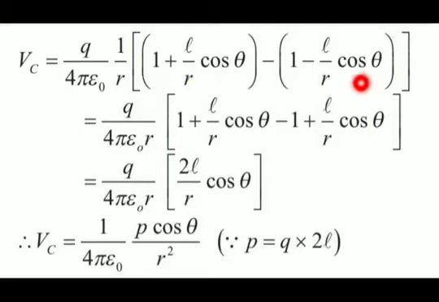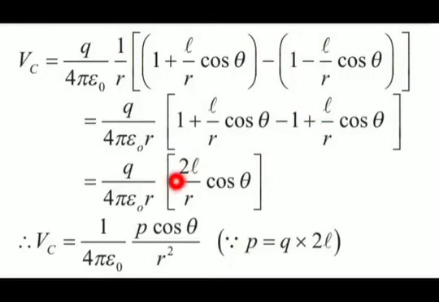Now we will have q upon 4 pi epsilon naught r times 1 plus L upon r cos theta. Now open this bracket, apply this negative sign throughout this bracket, so it will be minus of 1. Then this minus will become plus, so plus L cos theta.